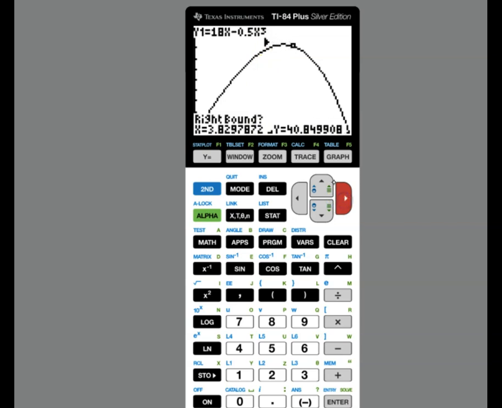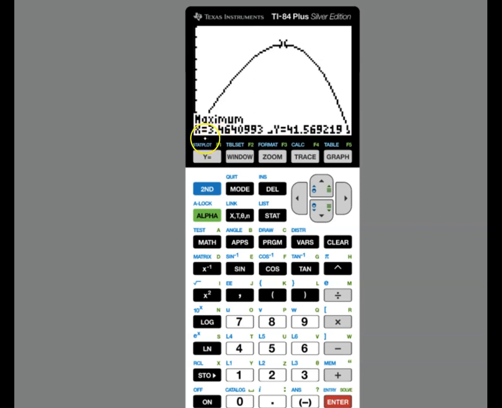And then what I'll do is I'll arrow over to, it says right bound, to the right side of that maximum. I'll hit enter again. You should see two little arrows or two lines. So the two arrows would be pointing into each other. It will say guess if you want to give it a shot. Otherwise, you can just hit enter and it will calculate the maximum for you. So let's say for our purposes, let's go ahead and round to 2 decimal places.